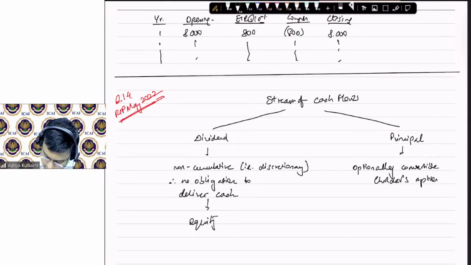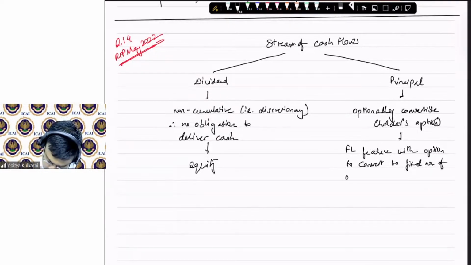Holder's option. And that is why this becomes a financial liability feature with option to convert to fixed number of own equity instruments.